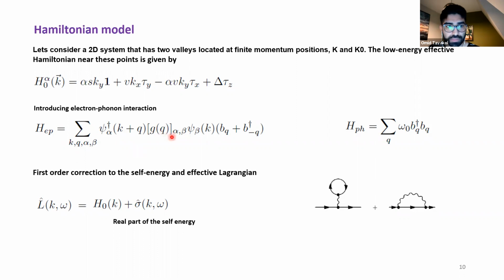We just want to find the effective Lagrangian for this model. You can see the self energy here; the first order correction to the self energy can provide this omega dependency in our system. And this self energy corresponds to these two Feynman diagrams.